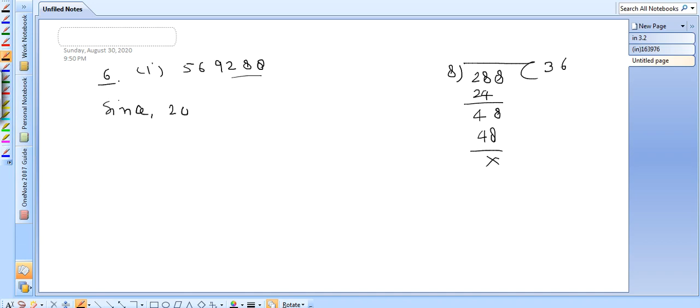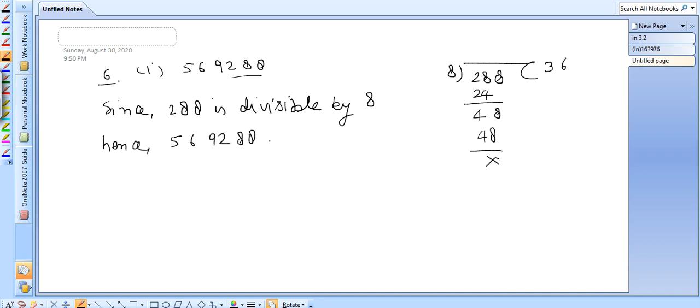Since 288 is divisible by 8, hence 569288 is also divisible. So this number is divisible by 8. Now you don't need to show this division in your fair copy, do it in rough notebook.